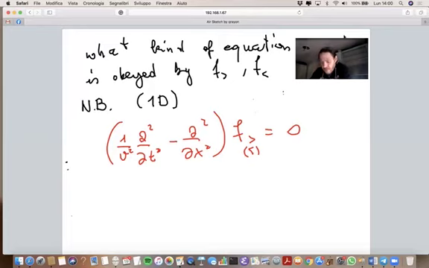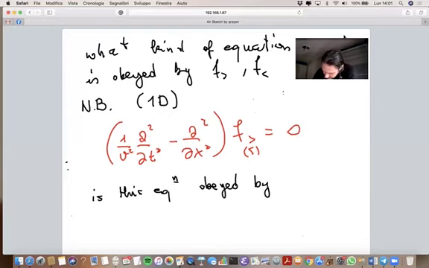So is this the right equation? Is this equation obeyed by the electron? That's the question we want to address.